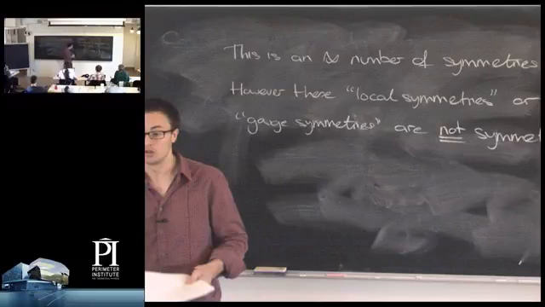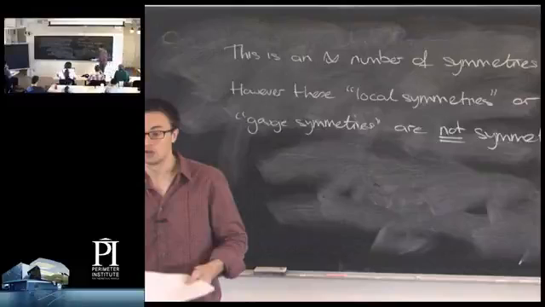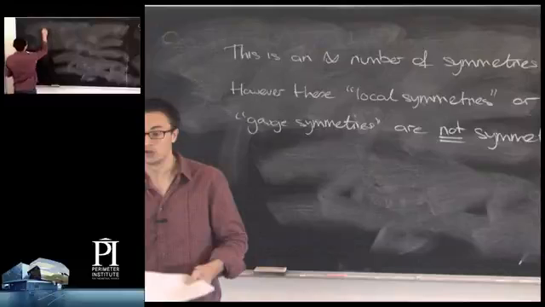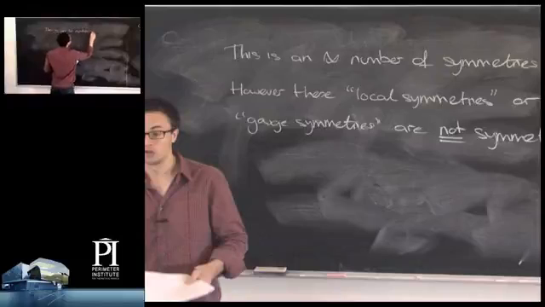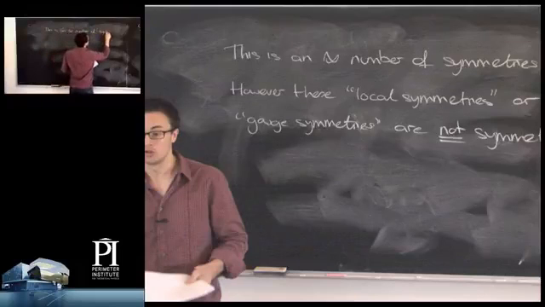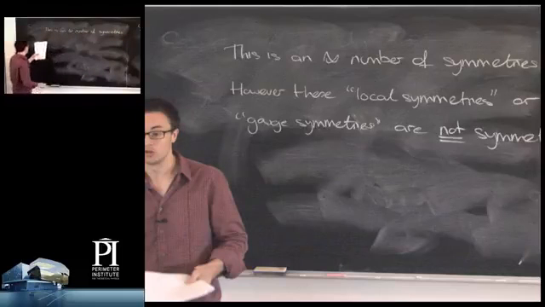Okay, let me write this down. It's important, so I actually will write this down. Okay. So this is an infinite number of symmetries. Okay, one for each function that you can write down, lambda of x.